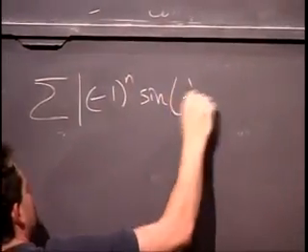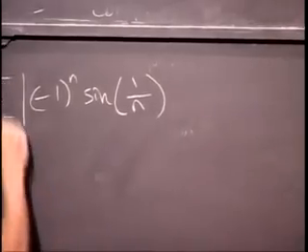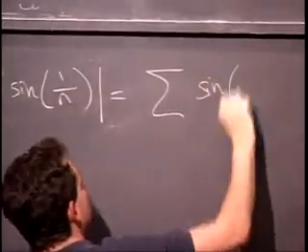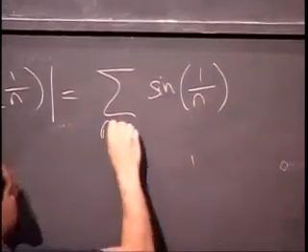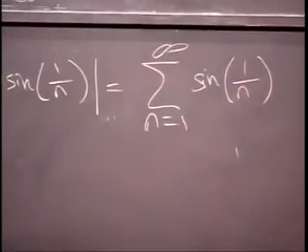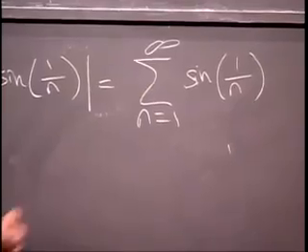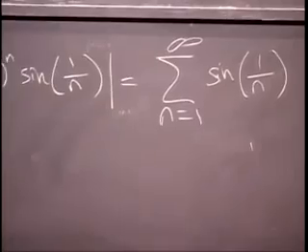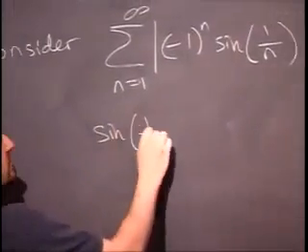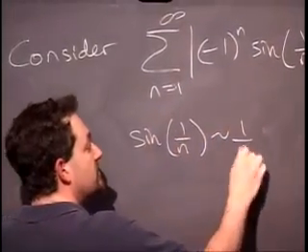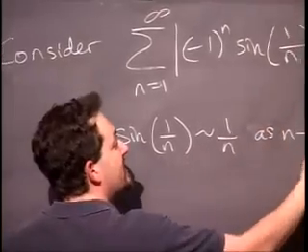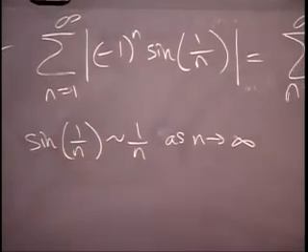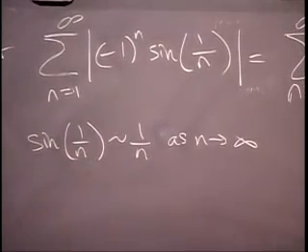Which, of course, is the same thing as just sine 1 over n. After what I've said, this is positive. And we did the example of sine squared 1 over n just about half an hour ago. Just to remind you, we saw that sine 1 over n is asymptotic to 1 over n when n is large. After all, then 1 over n is small, and sine of a small number twiddles the same small number.